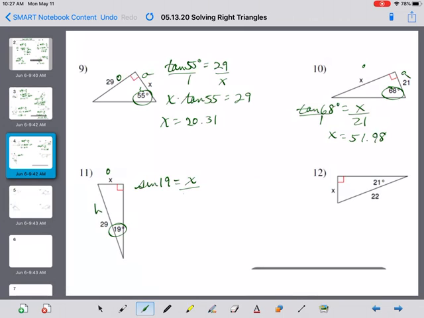Sine of 19 equals x over 29. 29 times the sine of 19 is 9.44. And then 12, x is opposite the 21 degrees, 22 is the hypotenuse. Sine as well. Sine 21 equals x over 22. Cross multiply. 7.88.